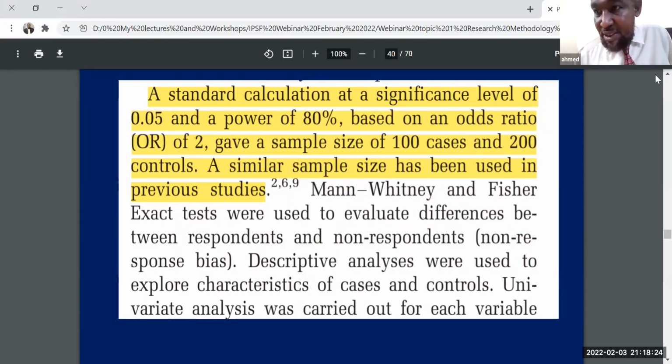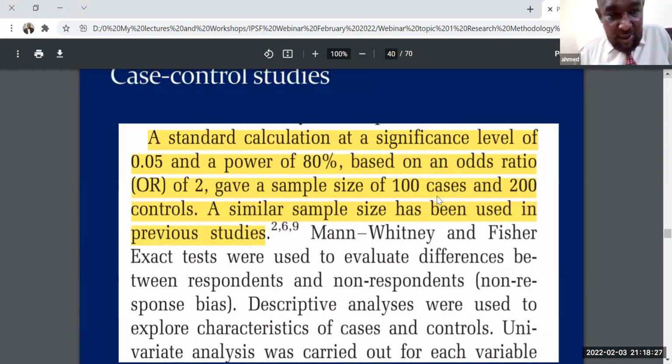Here in this slide, it is about the sample size calculation. Normally, for studies like case control, cohort, and randomized trials, we need to calculate sample size from the beginning. And normally sample size is calculated based on the minimum size that can show the minimum difference possible between the comparative groups.